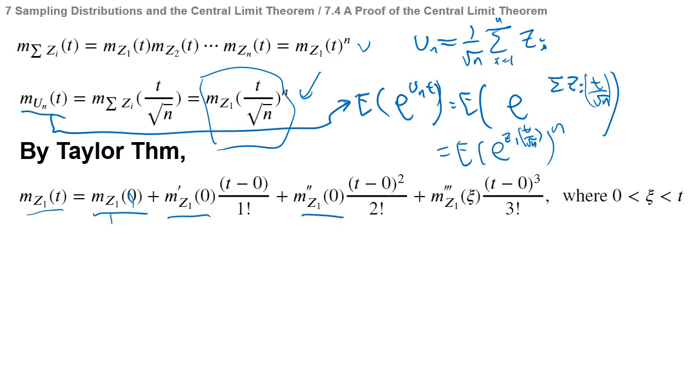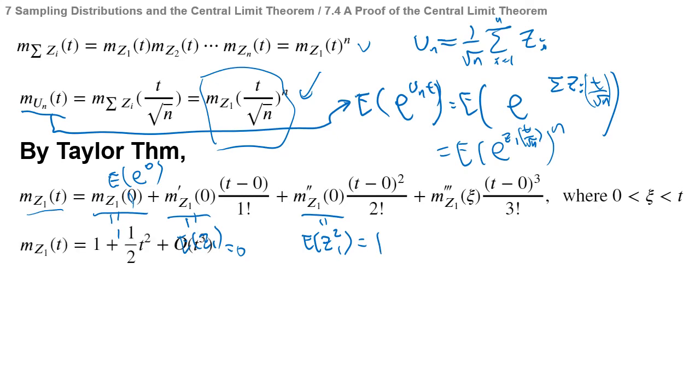This is 1, because the expected value of e to the 0 is 1. This is the expected value of z1, which is 0, and this is the expected value of z1 squared, which is the variance of z1, and this is 1.